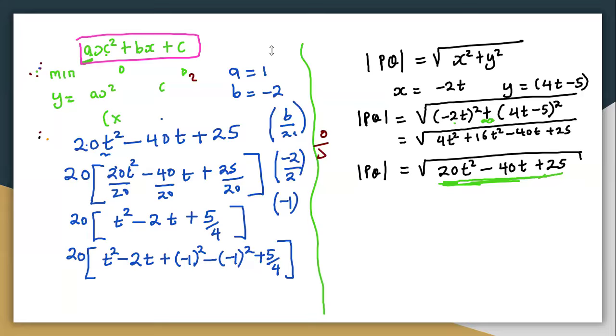Okay. I'm seeing some answers in the chat. Yes, Imran. I'm inquiring whether we do not multiply the t minus 1 squared by the 20. We multiply it. That 20 affects everything. So we can open the brackets and then we multiply the 20 inside.